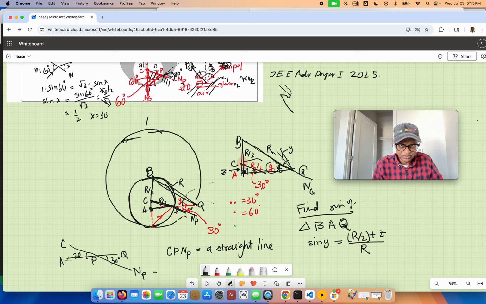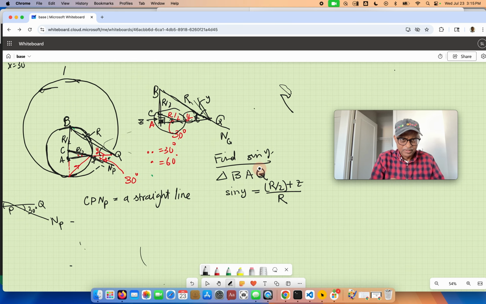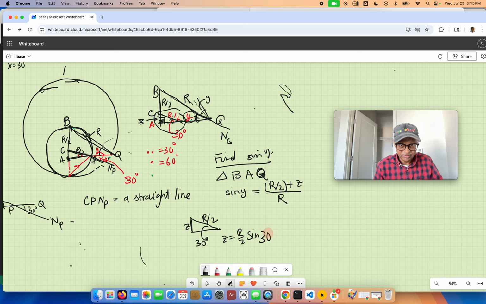But using this smaller triangle, I should be able to figure out Z. So in this triangle, you have R over 2. This is Z, and this is 30 degrees. So Z is R over 2 times sine 30 degrees. It's R over 4. Using this over here, it gives R over 2 plus R over 4 over R, which is 3 over 4.